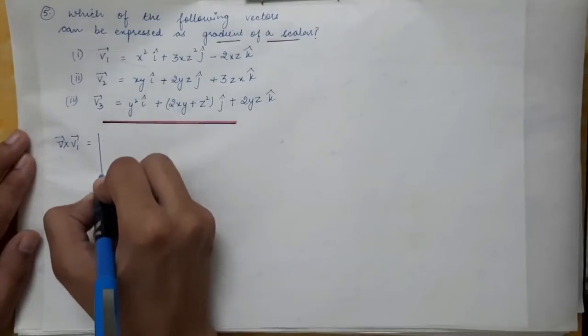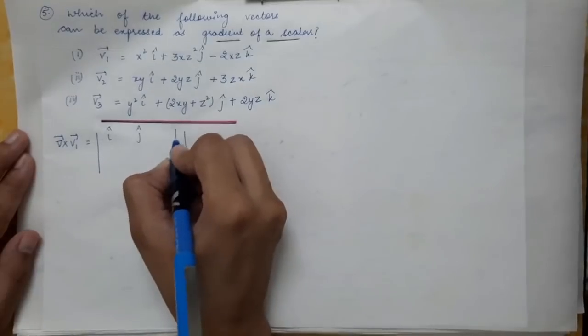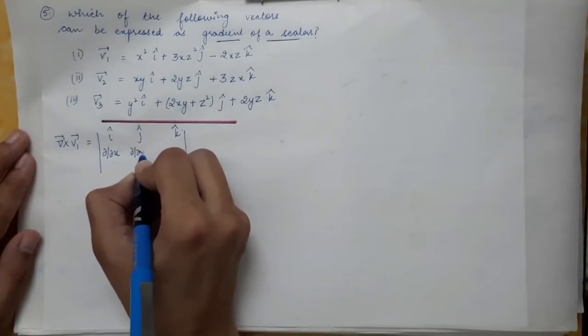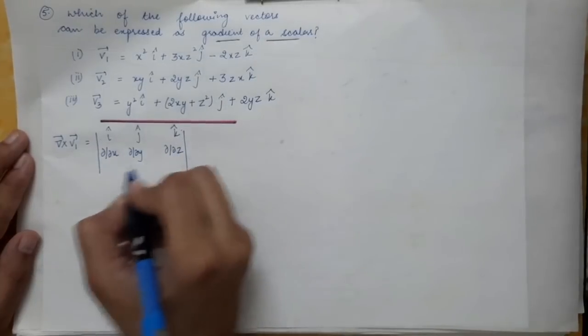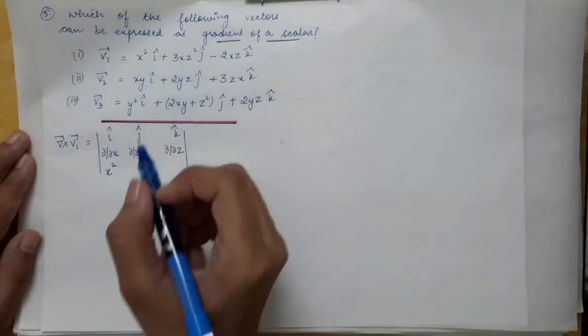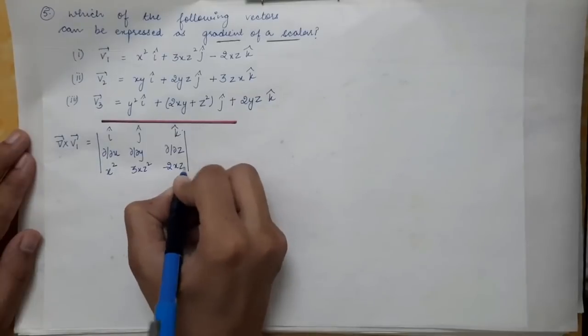Curl can be found using the determinant. First row is i cap, j cap, k cap. Second row is del by del x, del by del y, del by del z. And last one will be the components of the vector. First component is x square, then 3xz square, then minus 2xz.